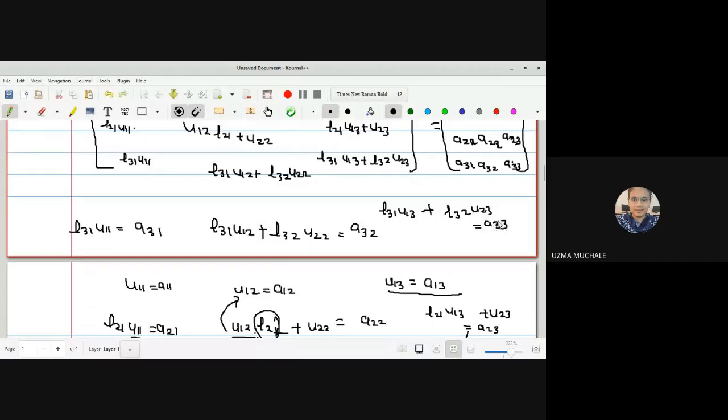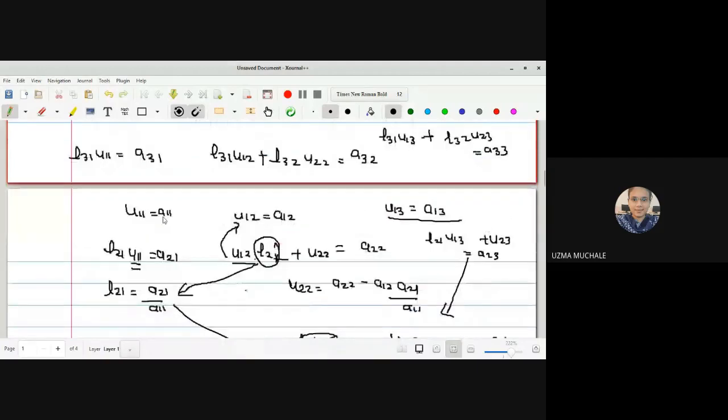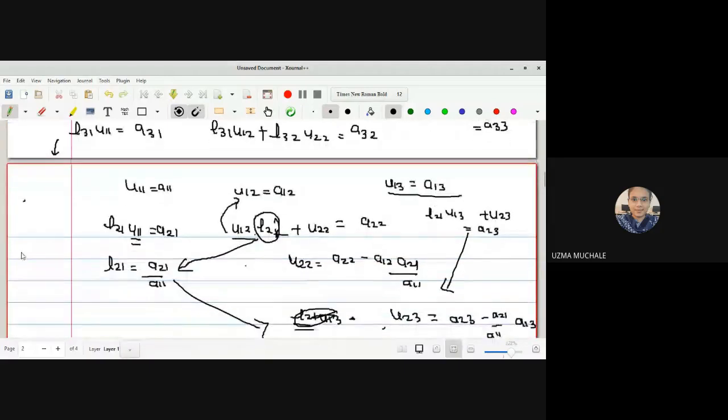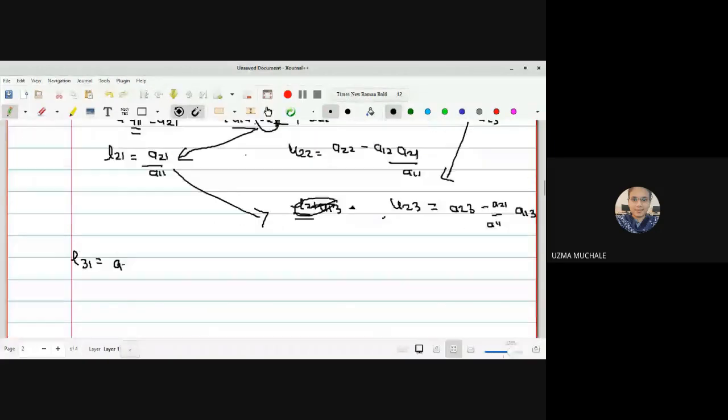Right. Now we have to put in the value of U11. What is U11? A11. So with the help of that, I can write this equation as L31 is equal to A31 divided by A11.